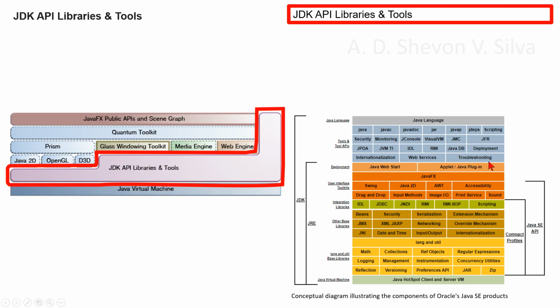JSadebugd, experimental serviceability agent debug daemon for Java, attaches to a process or core file and acts as a debug server. JStack, experimental stack trace for Java, prints a stack trace of threads for a given process or core file or remote debug server.